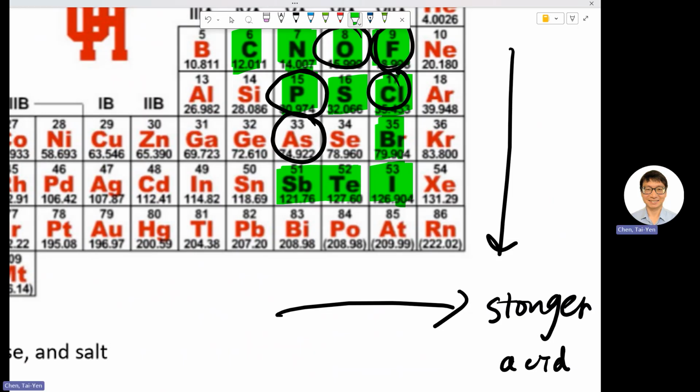If you use the rules that we have learned, what would you say? Te is to the right-hand side, so in principle it should be the stronger one. That's one thing we can use to make the judgment.